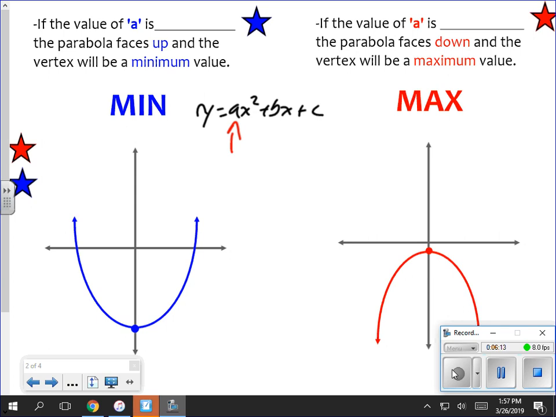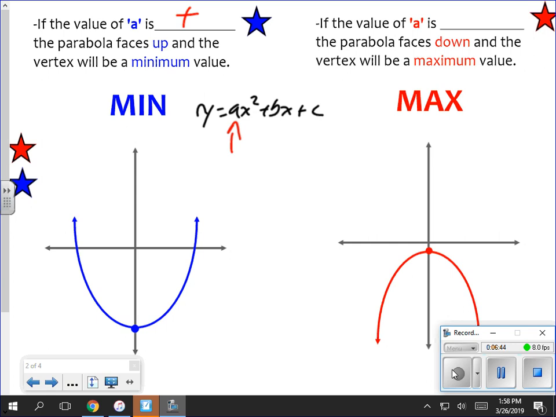If the value of a is positive, the parabola opens up, and our vertex will be a minimum value. Minimum value meaning that, remember, this parabola goes on forever going up. It goes up and up and up forever. It has no ceiling. But it does have a smallest possible point. Parabolas will always either have a minimum value or a maximum value. If the parabola opens up, we have a minimum.